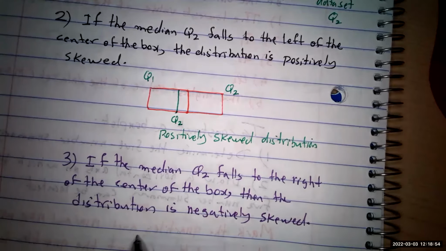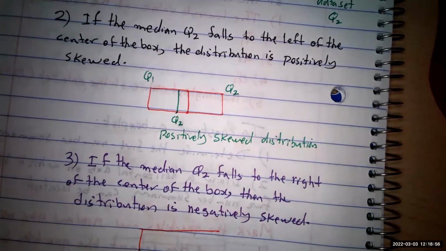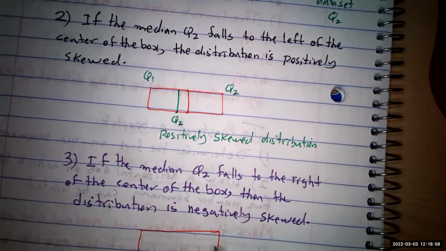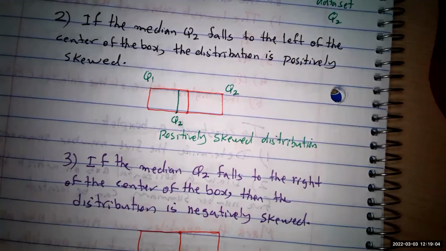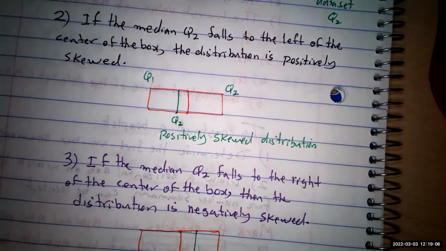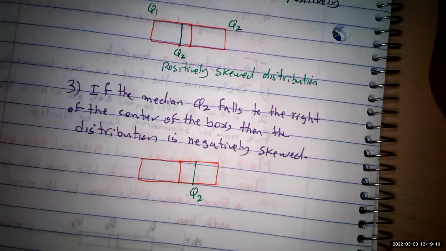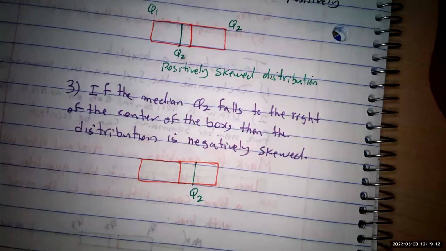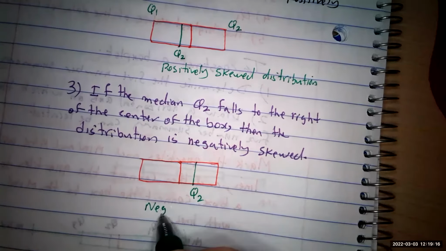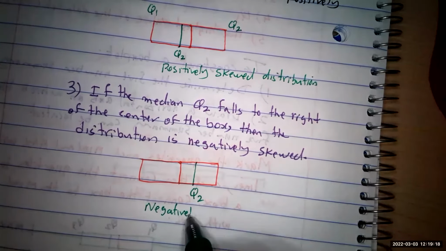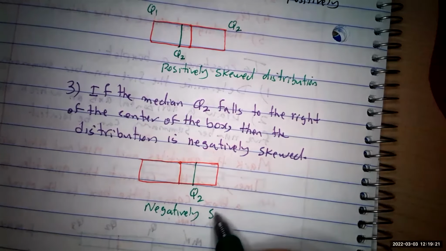Okay, so this is going to be the box. This is the actual center of the box. And you are here. So this is going to be Q2. So in this case, this is going to be negatively skewed.